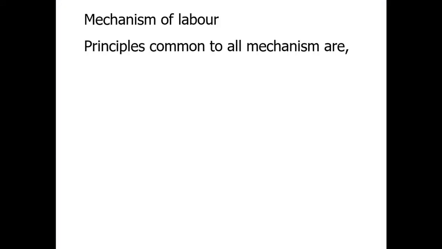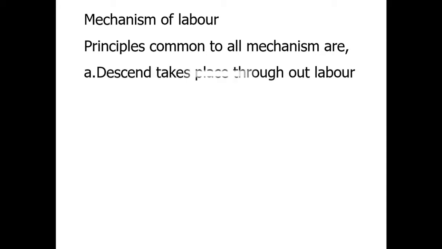And the mechanism of labor. Whichever the mechanism, whether it is LOA, ROA, LOP, ROP, or LSA, there are 3 principles which are common to all mechanisms. They are: descent takes place throughout the labor, and in a primigravida the descent starts nearly 2 weeks before the onset of labor, but in a multiparous woman, the descent starts after the onset of labor.